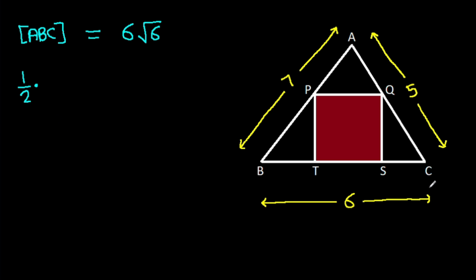times base is BC times height, and from point A, if we make a perpendicular on PQ and BC, suppose this point is M and this point is N, then the height will be AN.